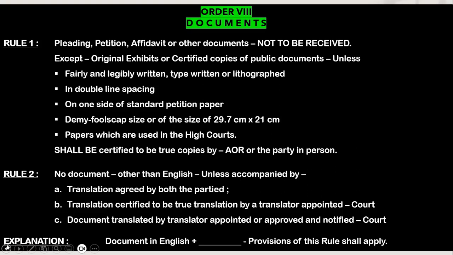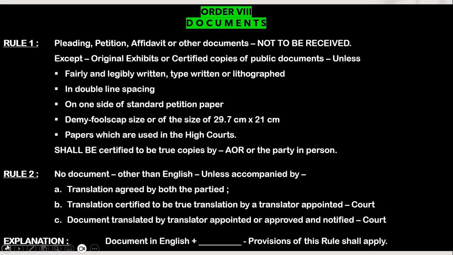And C, that document translated by translator appointed or approved and notified by the court. So it should be agreeable to both the parties, or it should be certified by the translator, or it should be directly translated by the translator.